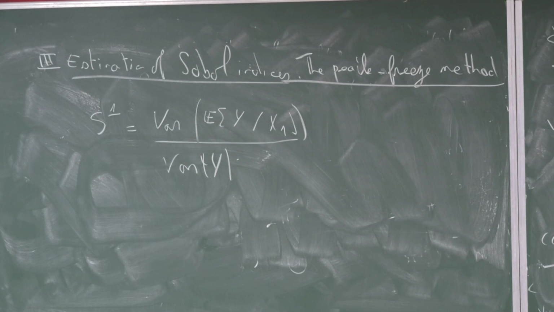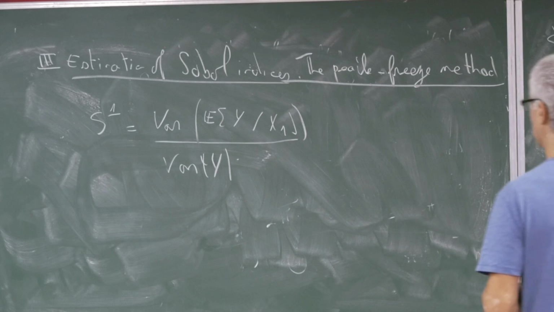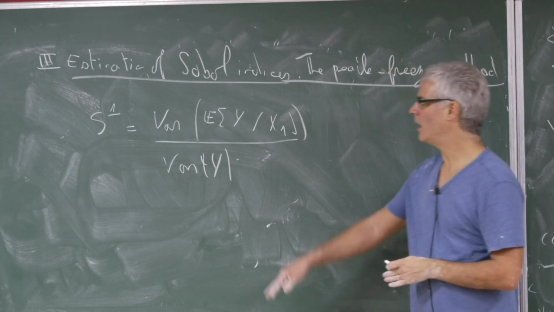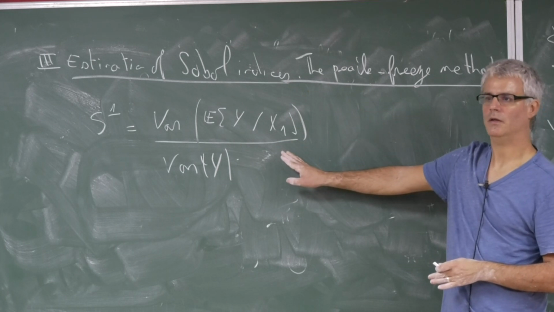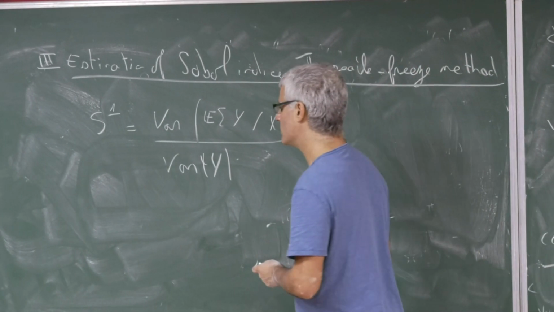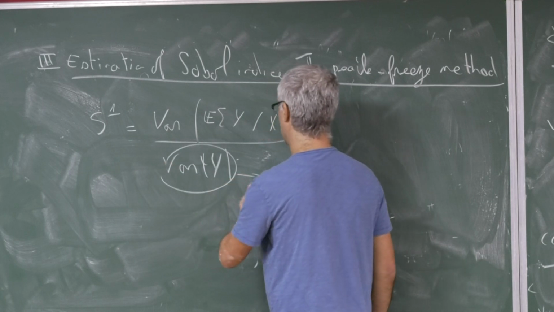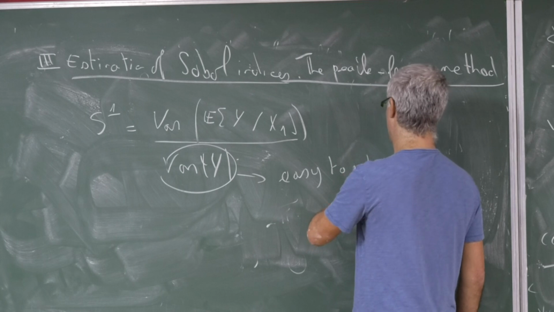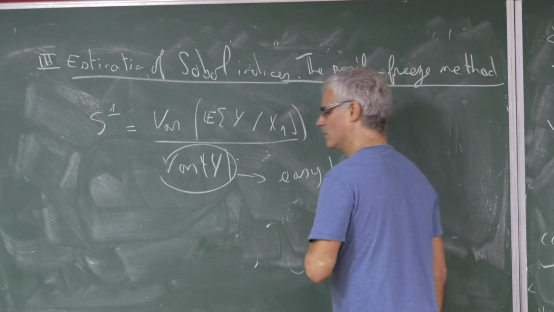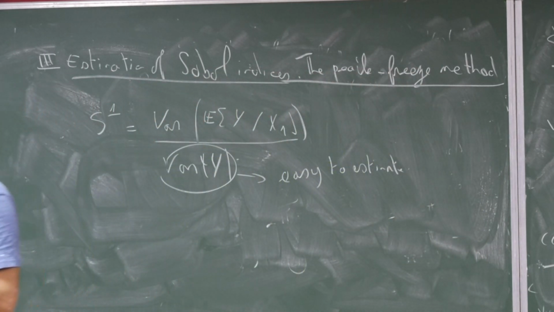If I take a look at the formula, we see that I have to estimate the numerator and the denominator. The first thing I can say is that the variance of y is easy to estimate. I just need a sample of y, and then I can compute the empirical variance of y, okay?